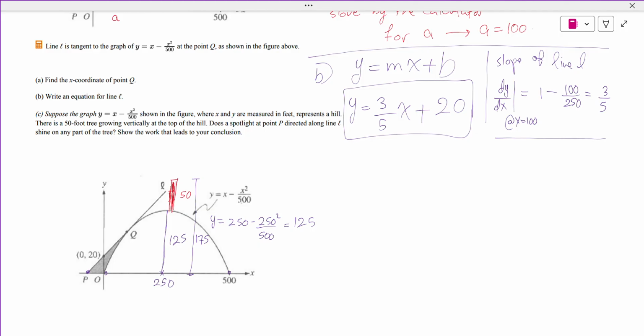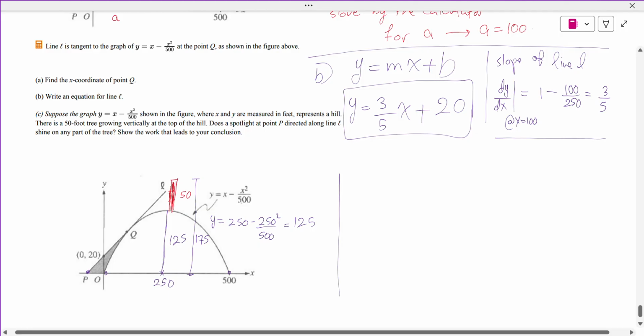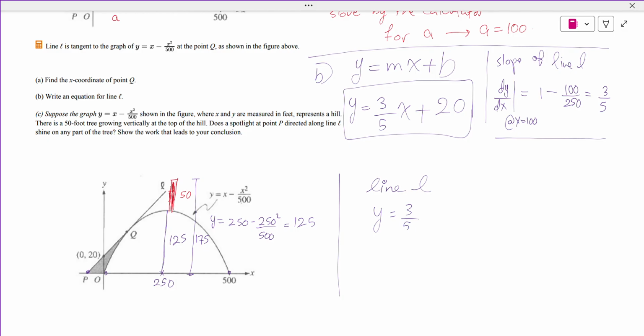Well, we have the equation of line L: y equals 3 over 5 x plus 20. Let's find the value of y when x is equal to 250.